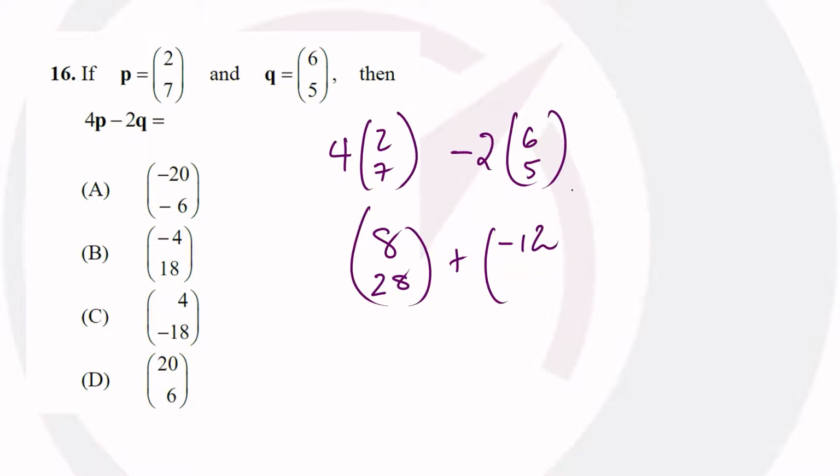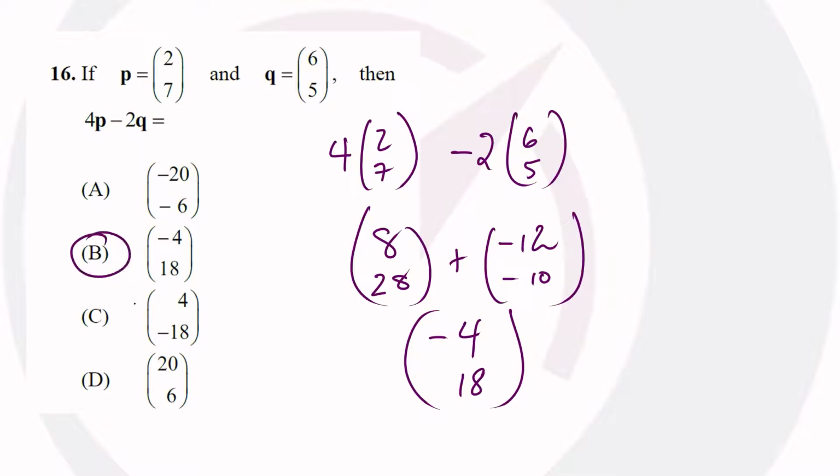Negative 2 times 5 gives us negative 10. So then we're going to have 8 plus negative 12, same thing as saying 8 minus 12, which gives us negative 4, and 28 minus 10, which gives us positive 18. So our answer is going to be negative 4, positive 18, and that matches to B.